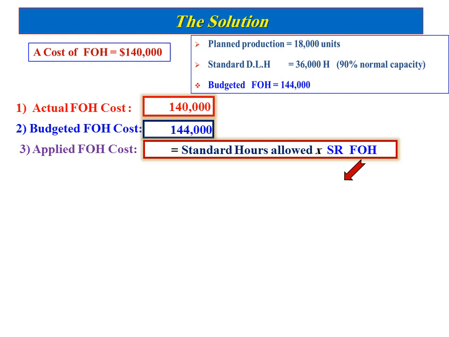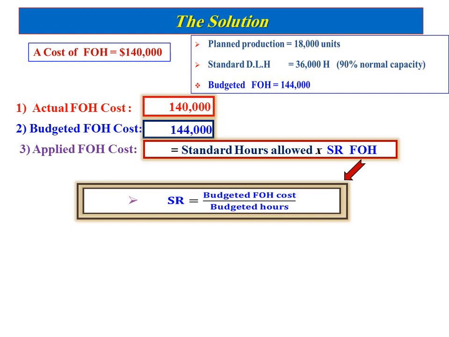How to calculate standard rate? Very simple. Like standard rate for variable, I have equation. Cost divided by hours. Fixed cost divided by hours. Oh, there is no problem. Budget fixed divided by budget hours.